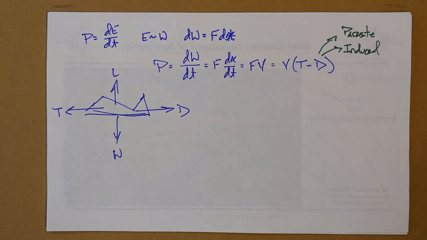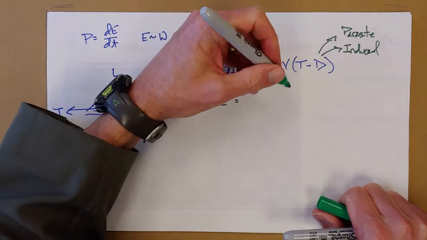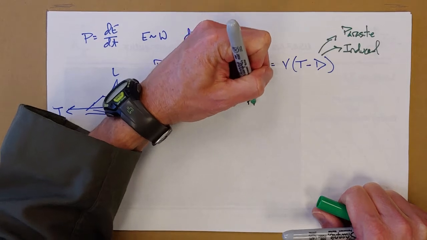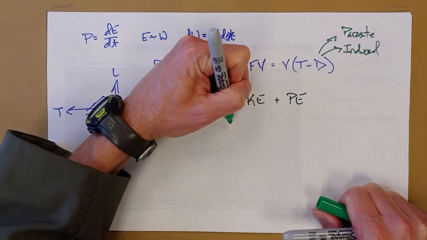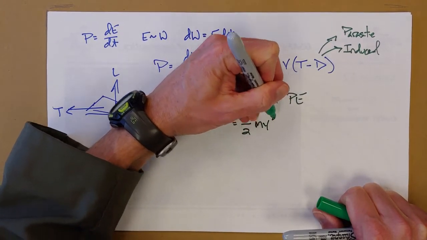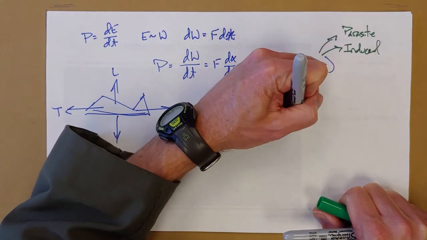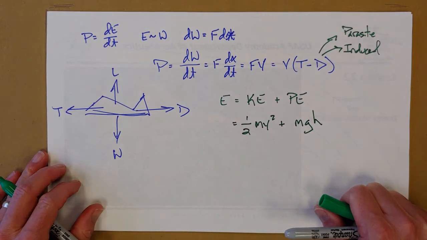So let's take the weight out of the energy equation. There are 2 types of energy. Total energy is going to be the sum of kinetic energy and potential energy. Kinetic energy is 1/2 mv squared, and potential energy is mass times gravity times how high it is.